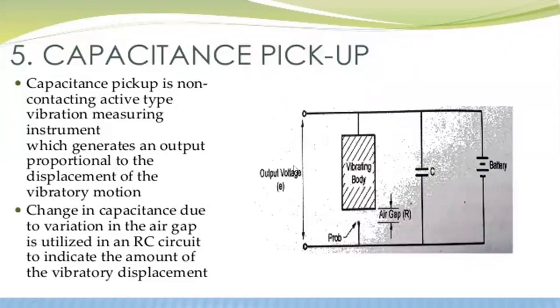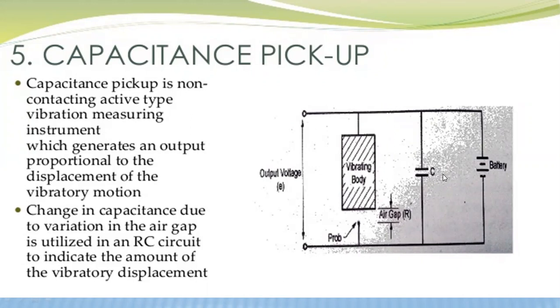And next one, capacitance pickup. You can see the capacitance pickup. The vibrating body is connected through the probe, that is the sensing device. That sensing device is placed with an air gap between the vibrating body and the probe, and a capacitor and a battery are connected through that.